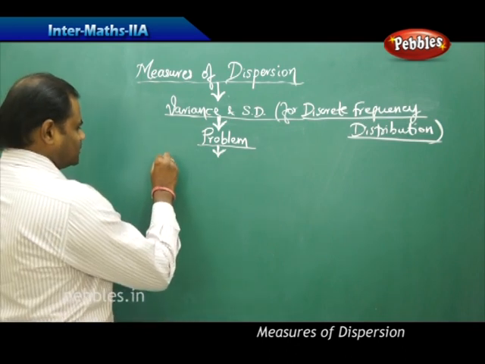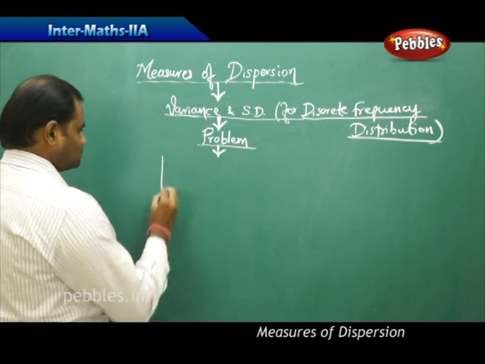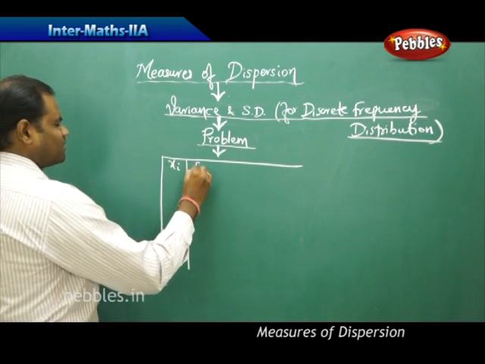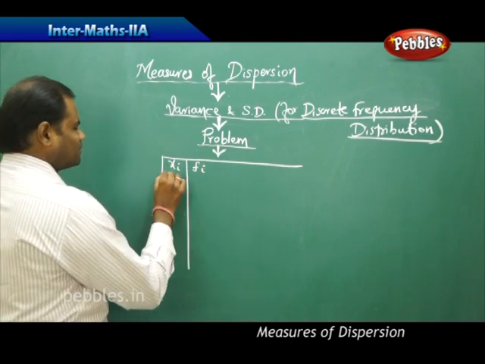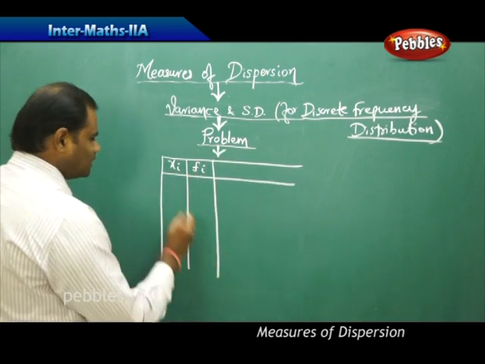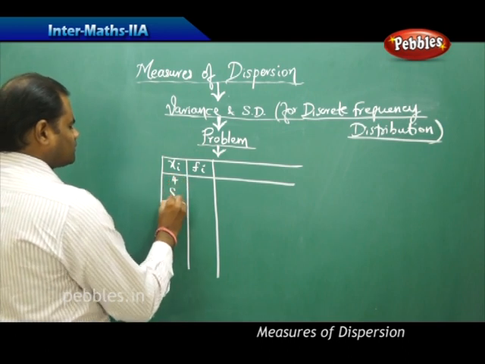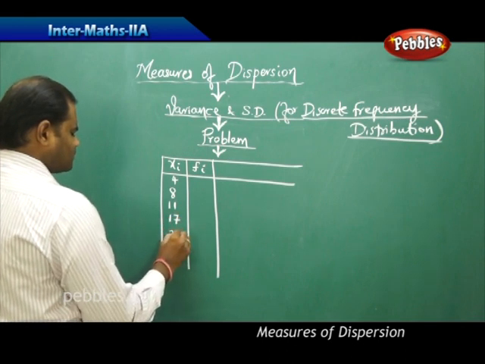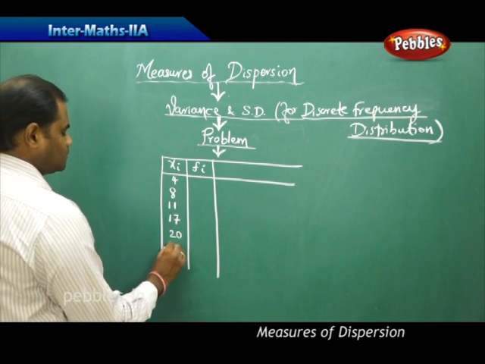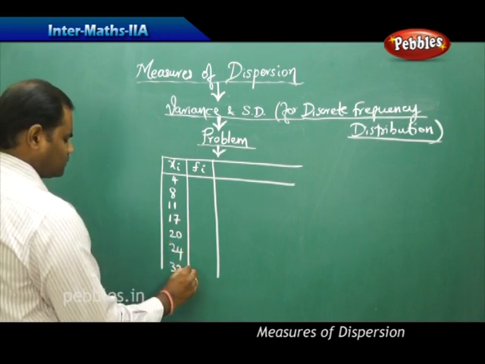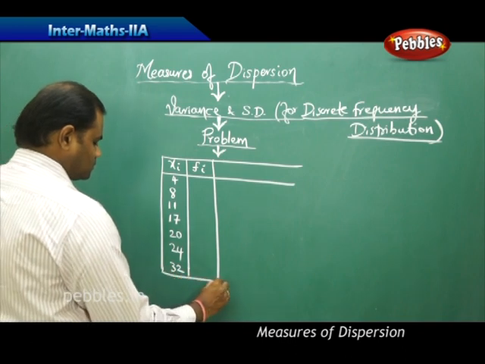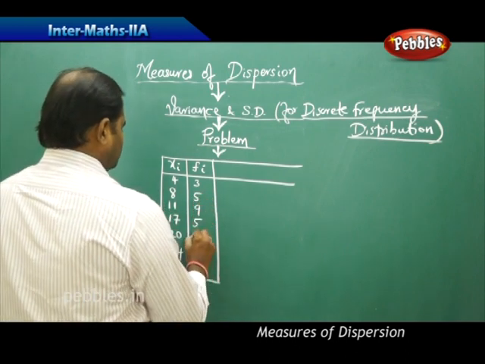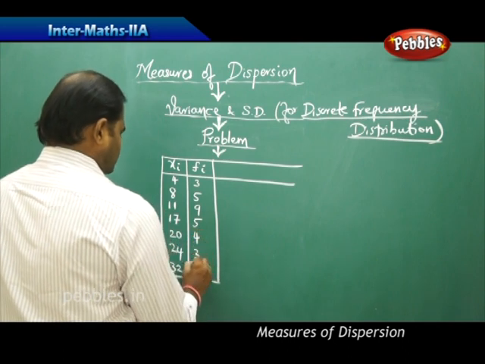Now suppose I have the scores xi and the frequencies fi, given for example as xi: 4, 8, 11, 17, 20, 24, 32, and my frequencies fi are 3, 5, 9, 5, 4, 3, and 1.